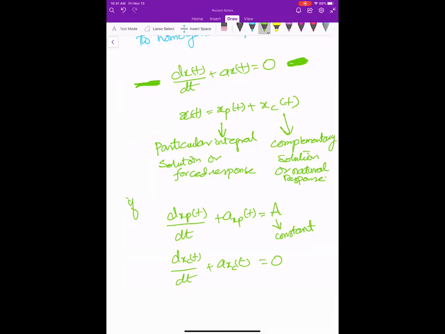Like if x is equal to xp of t, it gives you a forced response. If x is equal to xc of t, it gives you a natural response, which is 0. Sounds good?